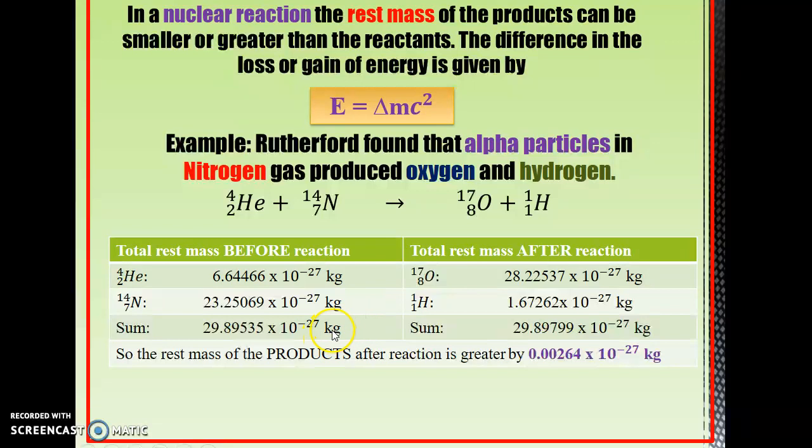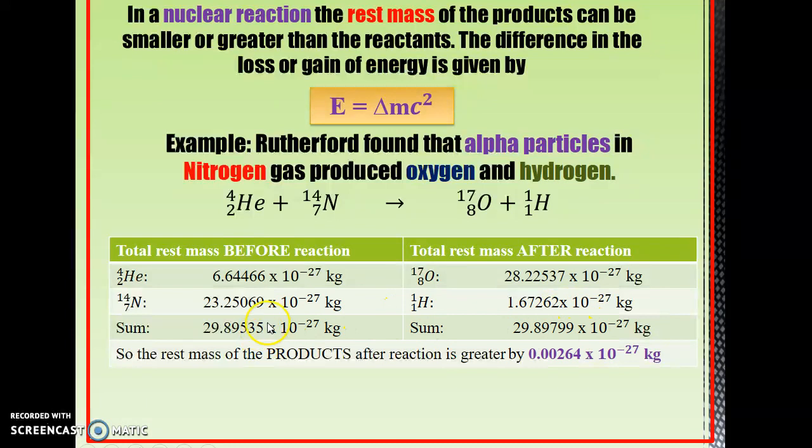So really small. But then if we look at the total rest mass after the reaction for this isotope of oxygen and a proton or hydrogen particle, we end up with a total of 29.89799. So you can see that is slightly bigger than the one on the left. In other words, the mass of the products was actually more.